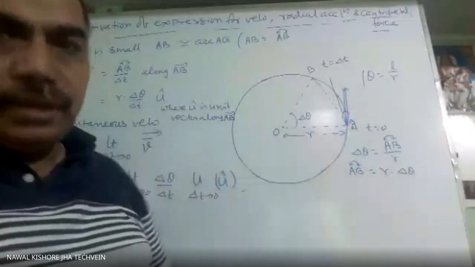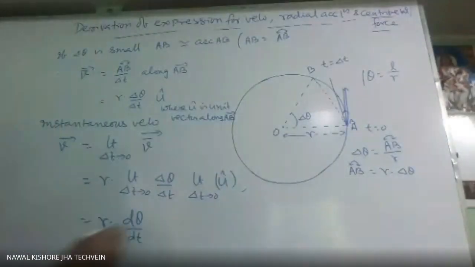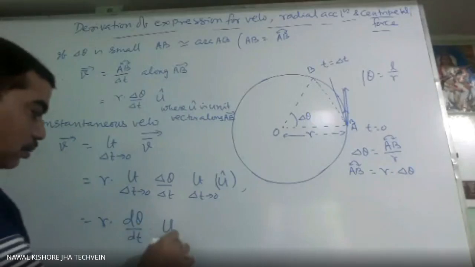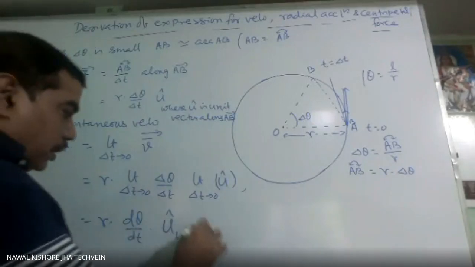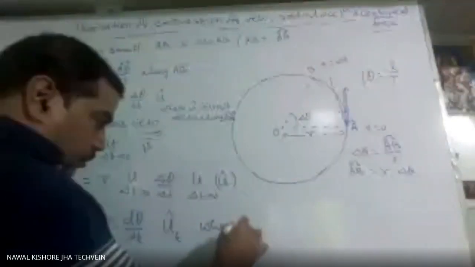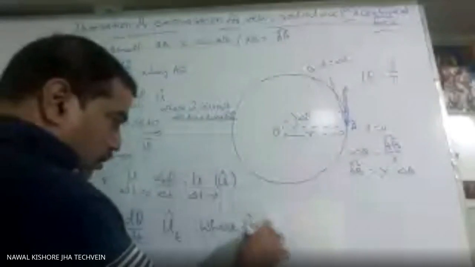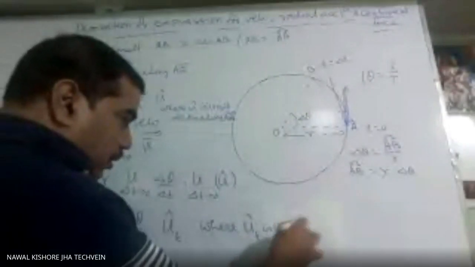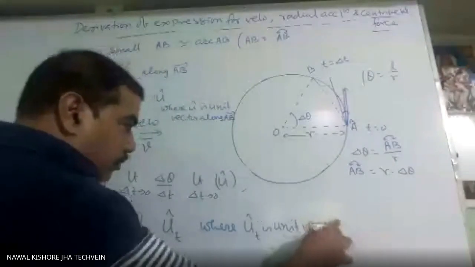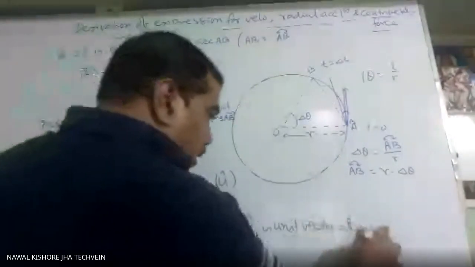Tangent. Tangent at point A. So this one will be UT, suppose, where UT is the unit vector along the tangent.